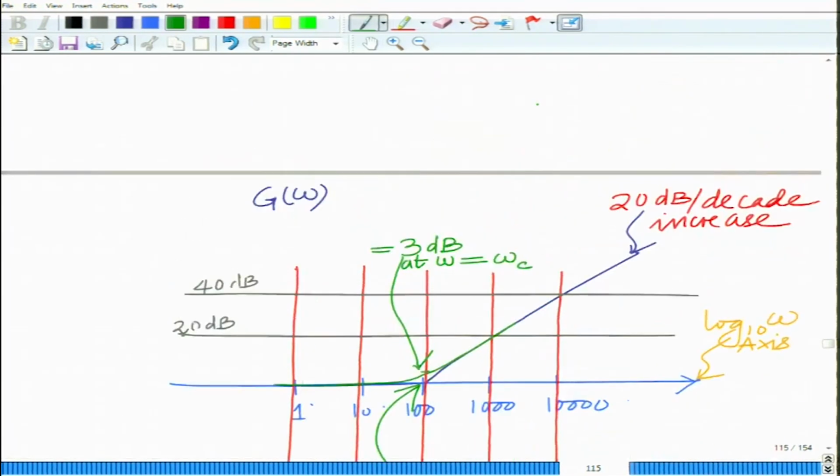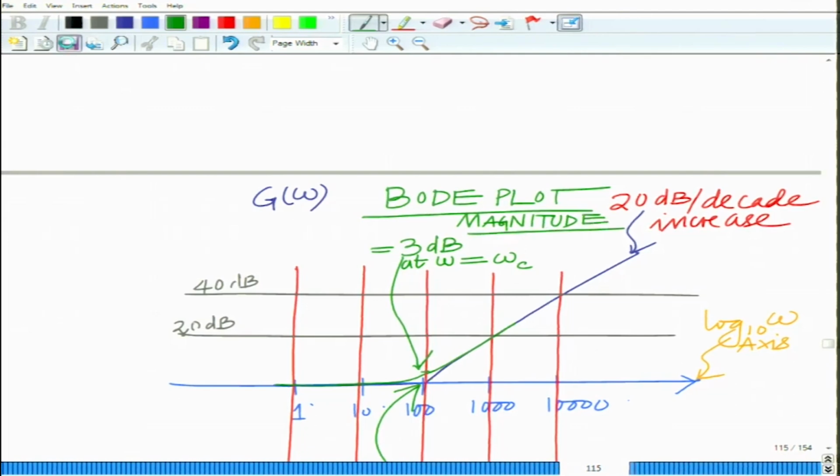And this is basically termed as the Bode plot, and Bode plot for the magnitude, to be more specific, Bode plot for magnitude or power, one and the same thing. Okay.